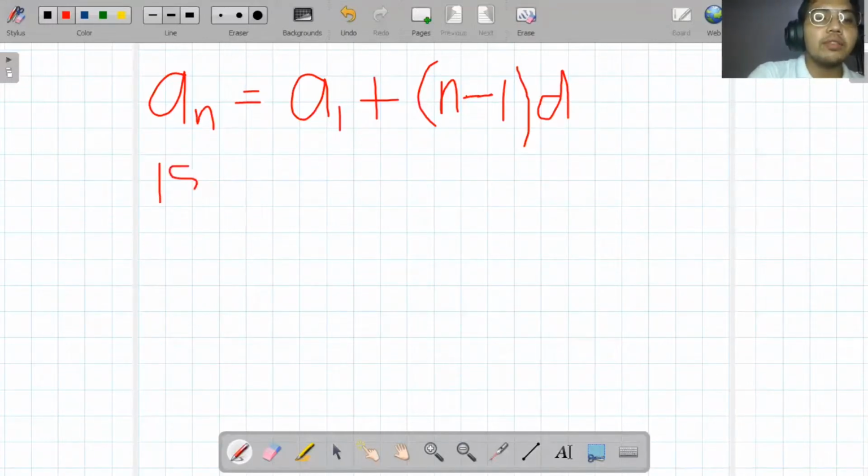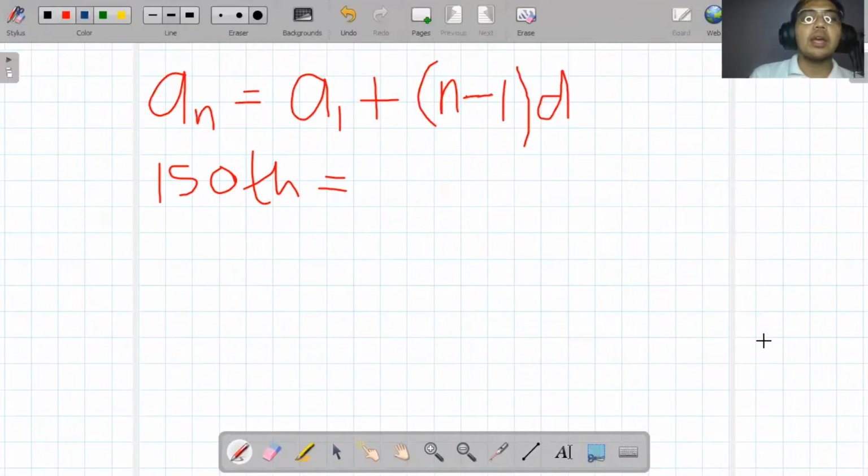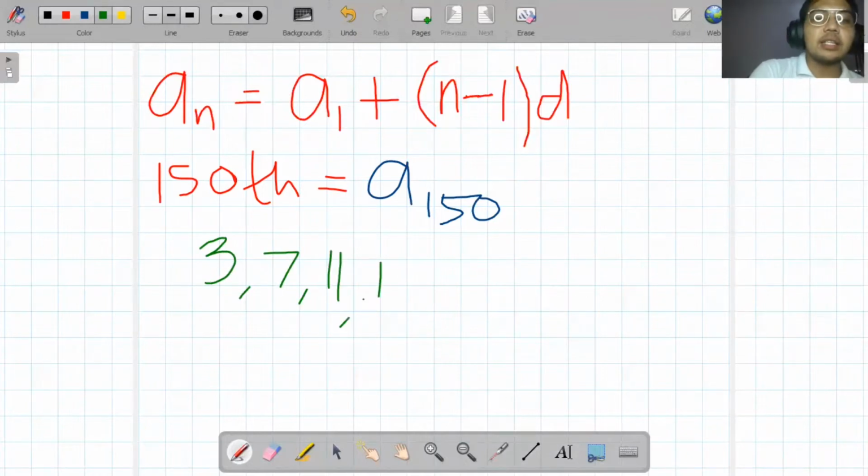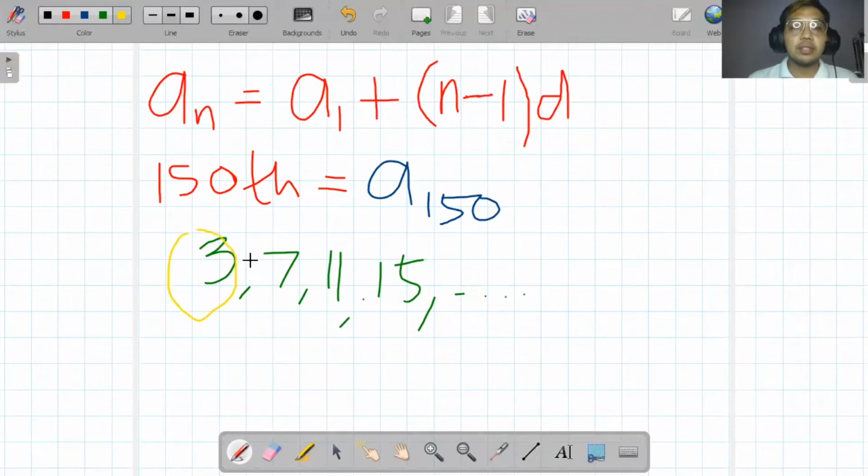So you are looking for a sub 150. Meaning, what is the 150th term if you continue the sequence 3, 7, 11, 15, and so on? The first term is 3, second term is 7, third term is 11, and so on. But the 150th is not there. If you keep adding, it will take you a very long time to finish.